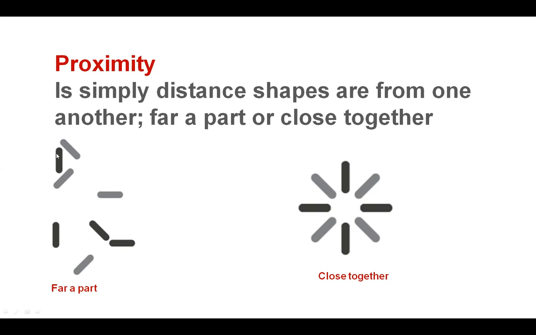Unlike here where shapes just look disorganized. These ones, they look scattered and really you cannot understand something sensible from this. So as a graphic designer, you should be in a position to apply what we call the proximity principle, which guides you to be able to bring shapes together in order for you to communicate something.